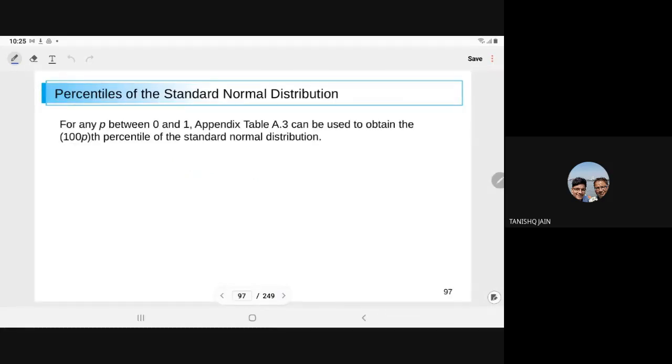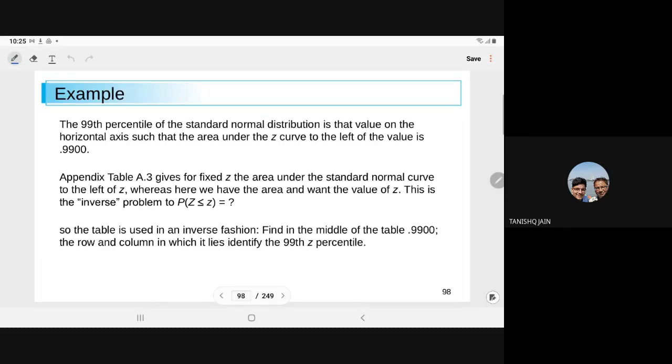So for any p between 0 and 1, appendix table A.3 can be used to obtain the 100 times pth percentile of the standard normal distribution. How? You equate phi z to p, because it is the CDF.